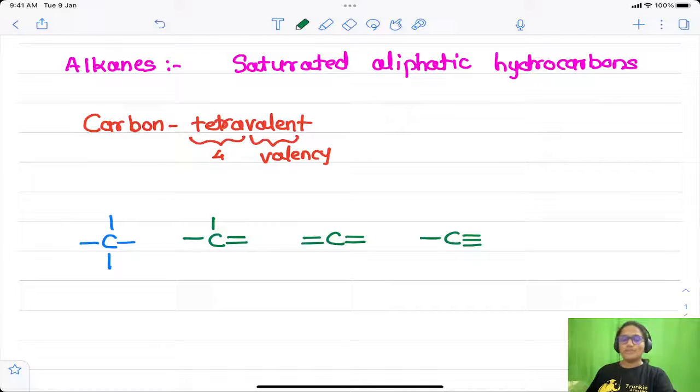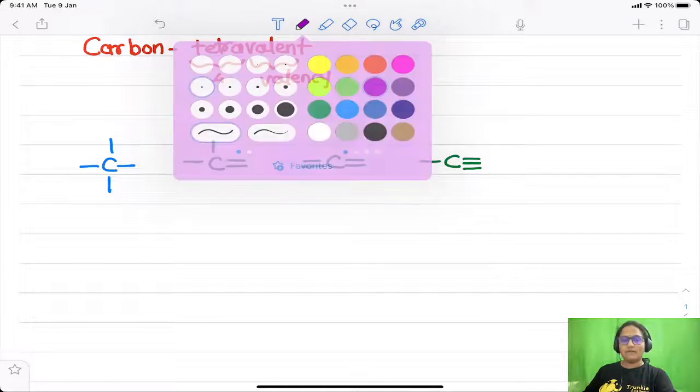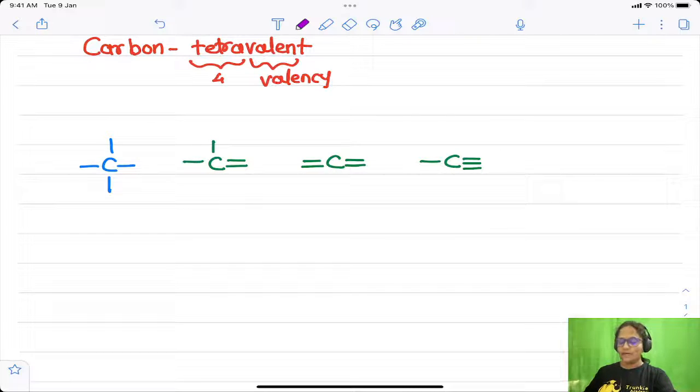So these are the possibilities of carbon to be tetravalent in nature. Can you see? In all these possibilities there are 4 lines surrounding the carbon atom, right?